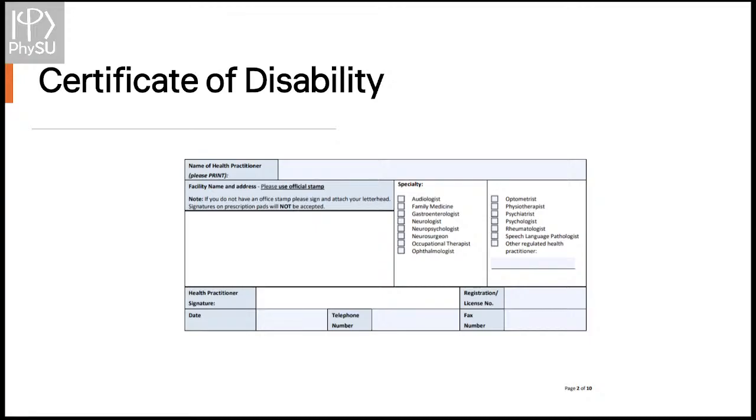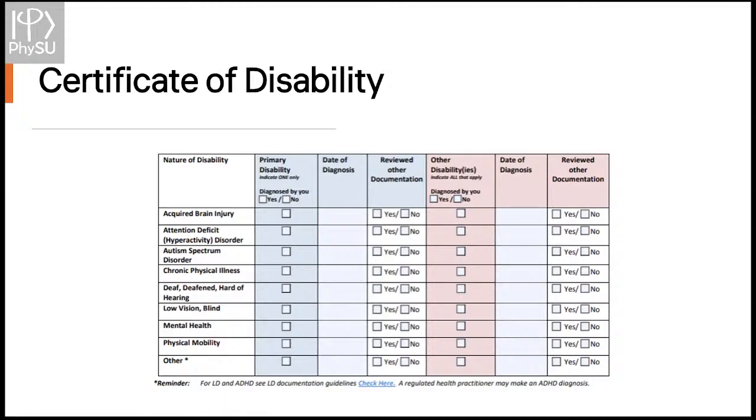But regardless, let's move on to the next page. Now, this is a form where the doctor will specify the nature of your disability. Suppose that you have a mental disability and you want to get accommodations for that.